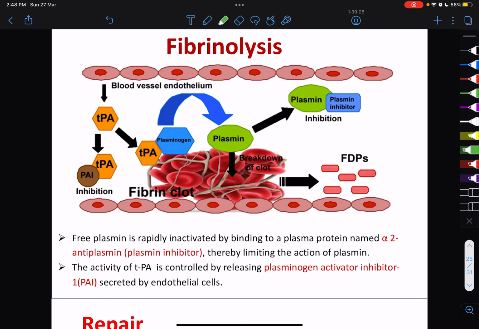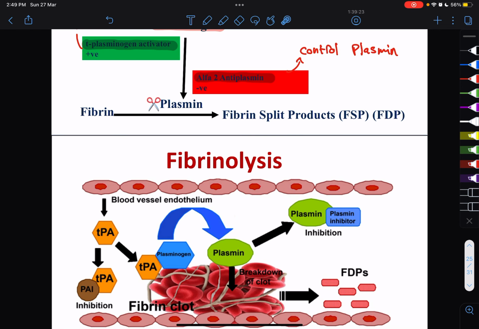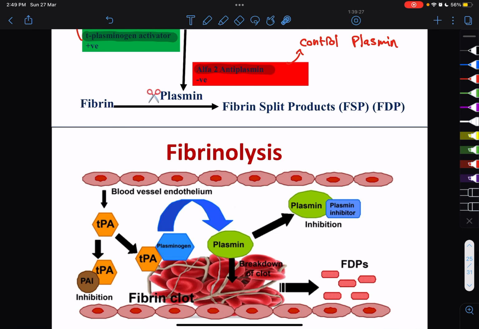PAI is inhibiting it or attaching to it. So, tissue plasminogen activator is doing a normal job. What is it doing? It is converting plasminogen into plasmin. Plasmin is the main thing. Plasmin is the cutting scissor. It will cut the clot, the fibrin threads. And once the fibrin threads are cut, can you see the fibrin threads form special products called FDPs? Can you see? Yes.